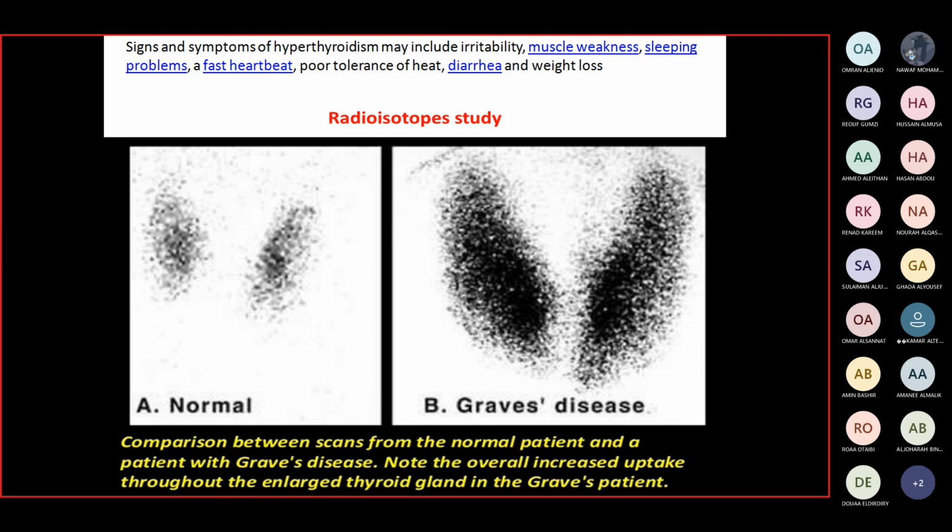But in nuclear medicine, function can be assessed by giving the patient iodine 123 and after 24 hours we scan the thyroid to assess the uptake of the iodine by the thyroid gland. So, to answer your question, when there is increase or decrease, hypothyroidism or hyperthyroidism, this can be assessed by nuclear medicine or radioisotopes.